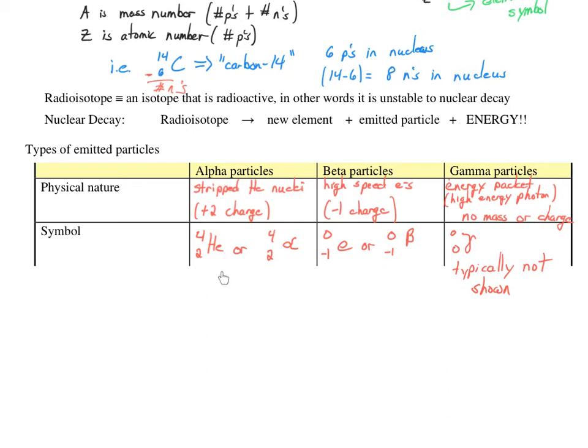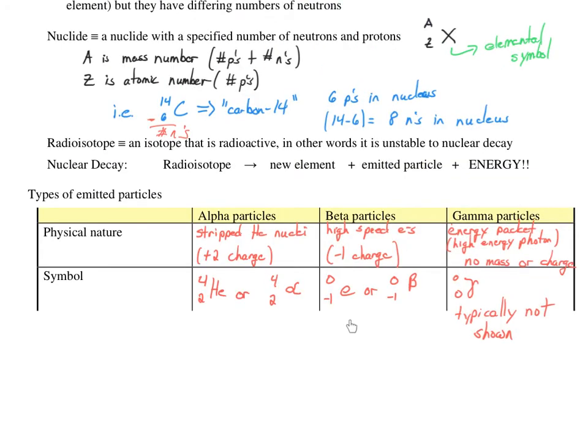And these are the symbols that are associated with the alpha, beta, and gamma particles. It may be useful to refer to this notation. A is the mass number, neutrons plus protons. Z corresponds to the atomic charge. So a helium nucleus has 2 protons and 2 neutrons, for a mass number of 4. 2 protons means that our atomic number is 2.